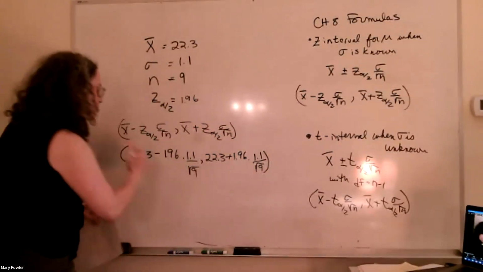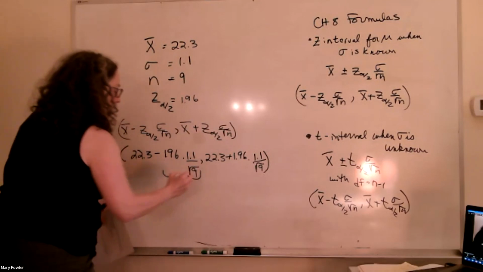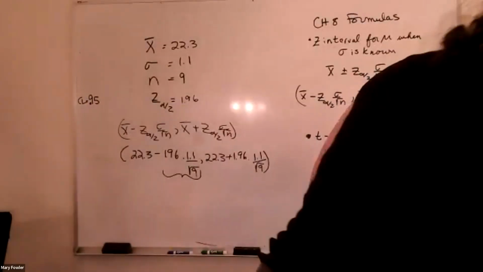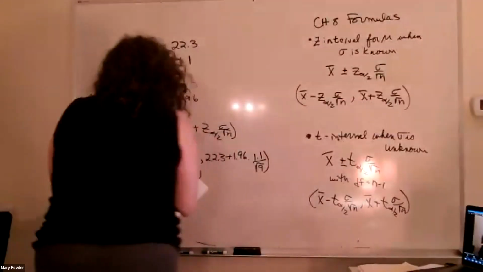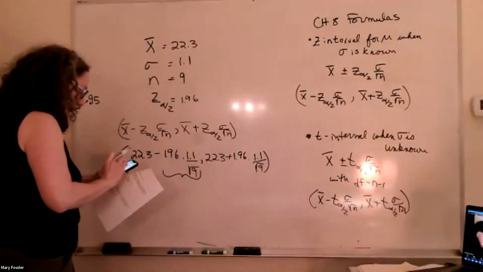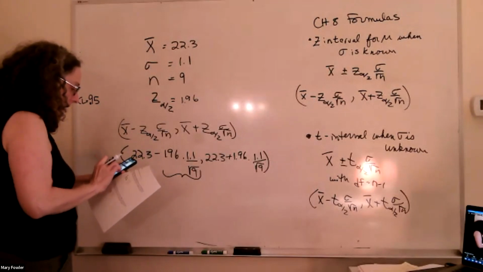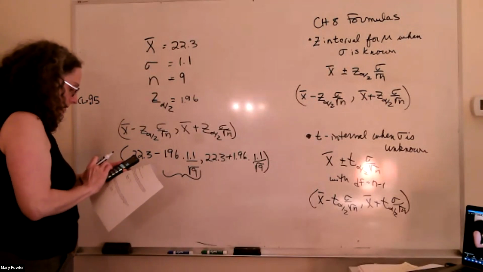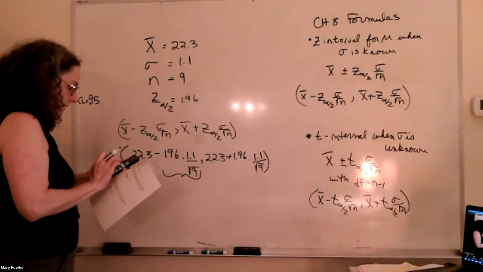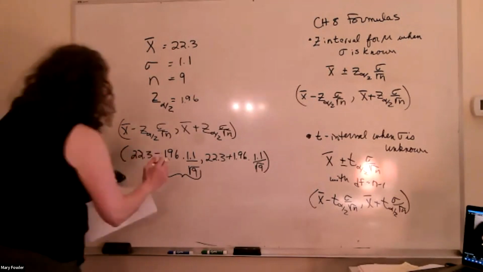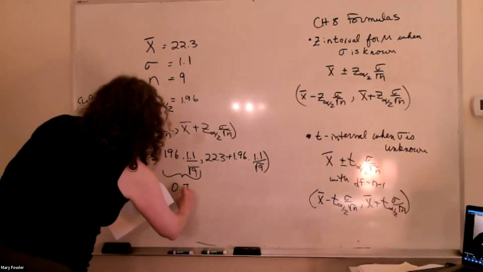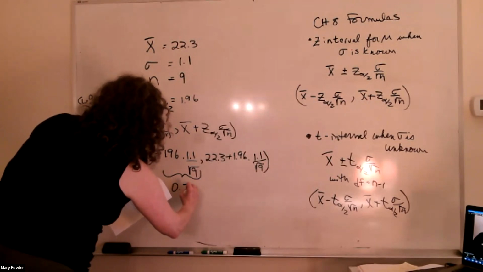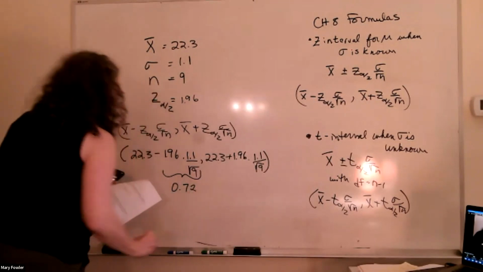So we want to calculate that piece first. Calculators, please, let's give it a try. This time we have square root of 9, so that's 3. It makes the calculation a little bit easier. And I'm getting 0.7, we'll just take it to 0.72.